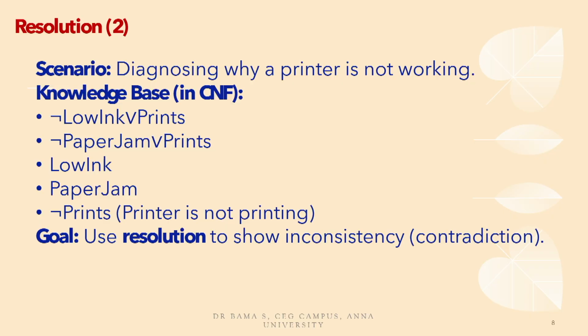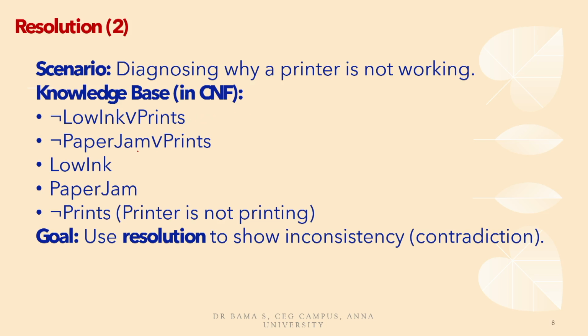So, let us look at an example here. This is a practical example of diagnosing why a printer is not working. All these are going to show a contradiction: not prints or paper jam or low ink, not low ink or print. This actually indicates low ink implies prints.